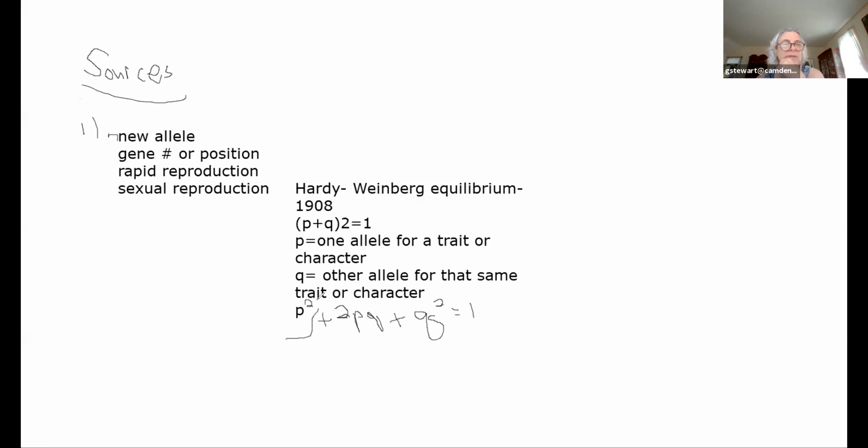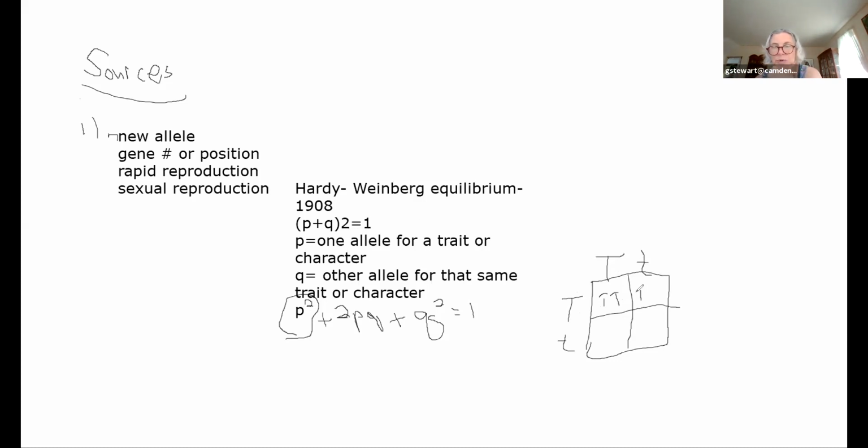So if you remember back to our Punnett squares, think about a heterozygous individual for a trait, and let's use our characteristics of tall and dwarf. If we had 2 heterozygotes, we would end up with capital T, which represents the p², 1 character for an allele or trait.